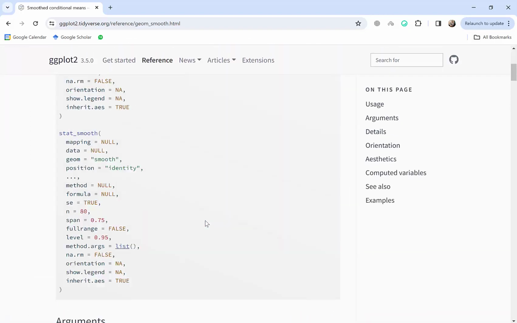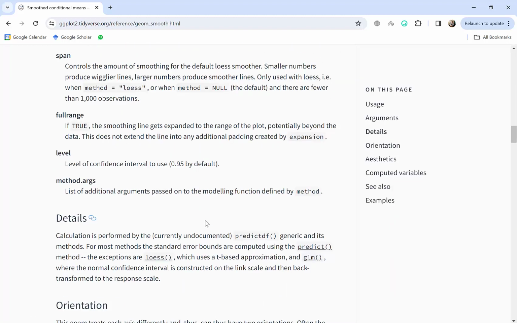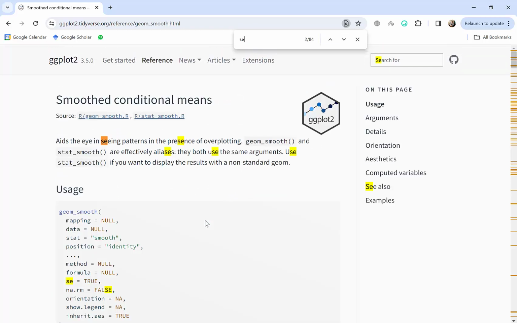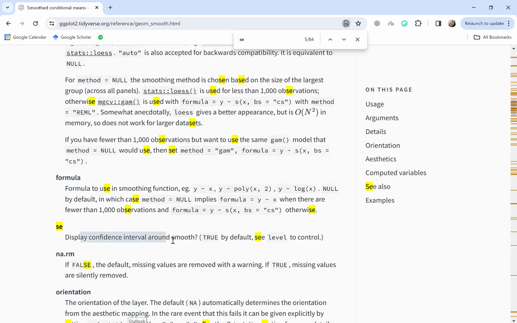We can see here in the ggplot2 documentation what se is. It is the confidence interval.